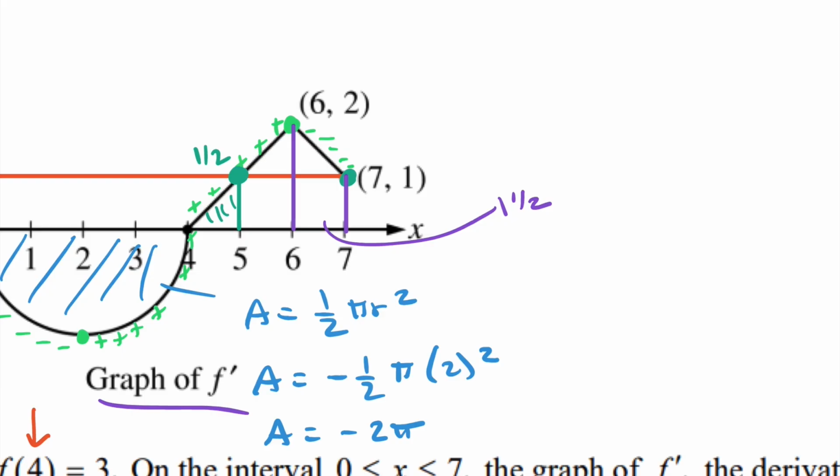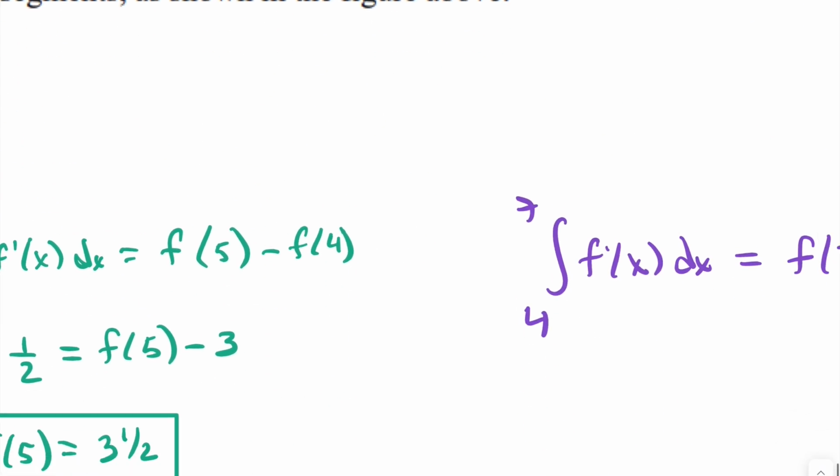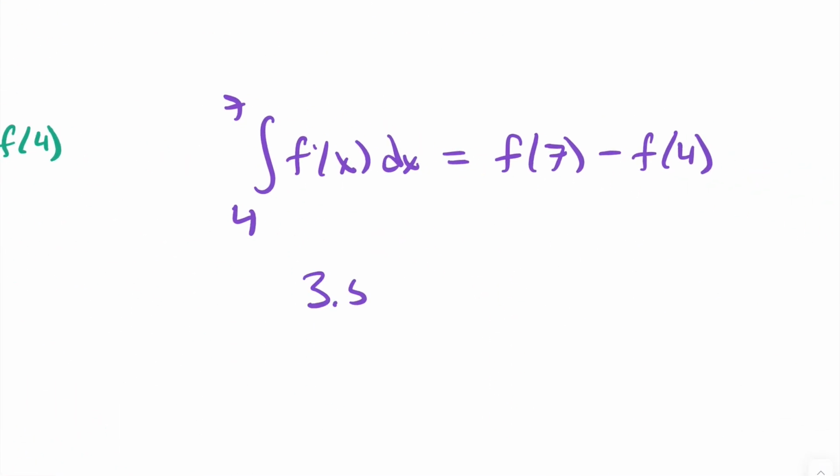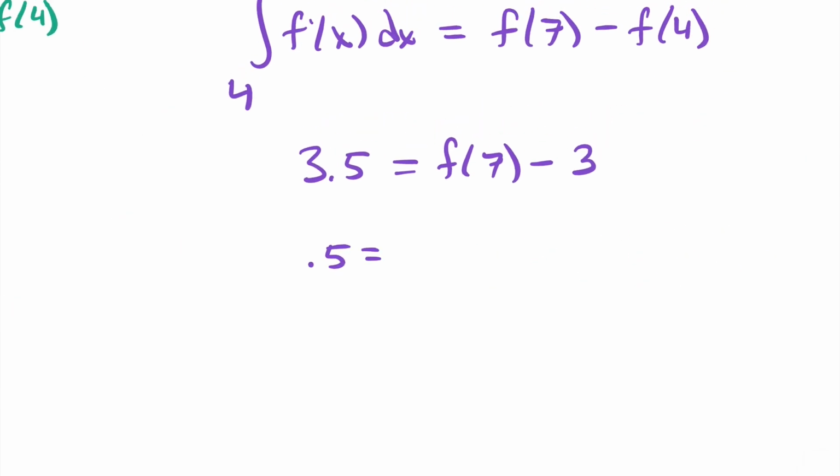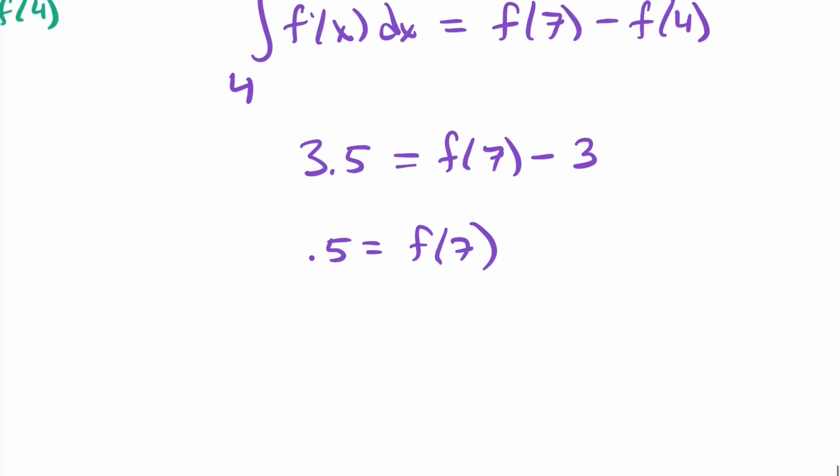And here, that triangle is 2 by 2, which is 4, half of that is 2. So we're looking at an accumulation of 3.5 total from 4 to 7. So 3.5 is equal to f of 7, take away 3, that's my f of 4. So f of 7 has to be a half.